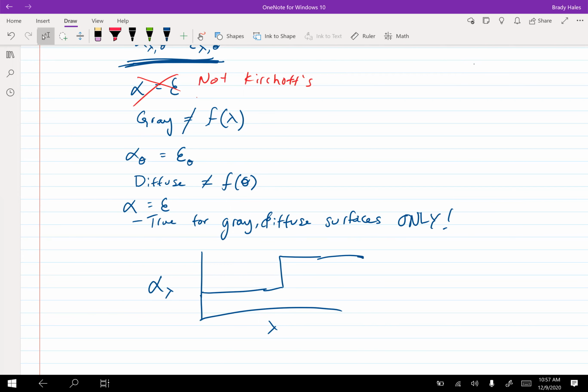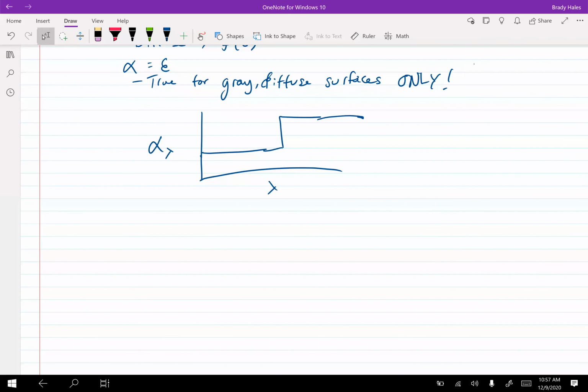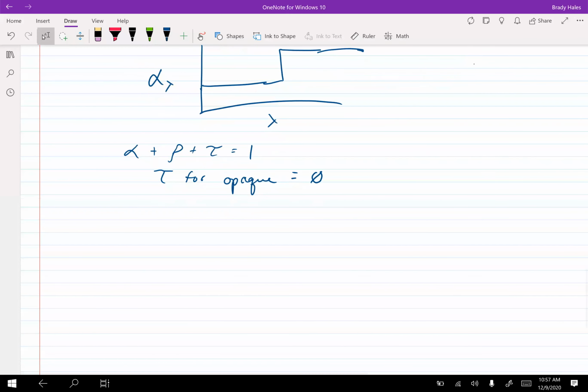Okay. Now, often a companion to Kirchhoff's law is this summation where alpha plus rho plus transmissivity is equal to 1, right? So transmissivity for opaque surfaces is equal to 0, which makes sense if it's opaque, right? So then for opaque surfaces, you have alpha plus rho is equal to 1.